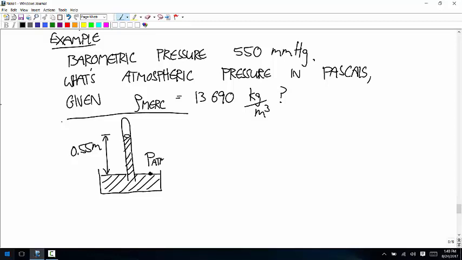That's what we're trying to calculate. This fluid's at rest, so that pressure is the same as the pressure here. And what's the pressure at this point? It's about 0, right?